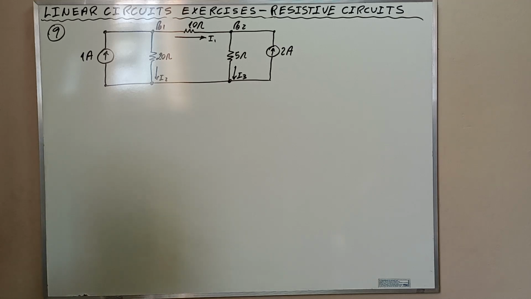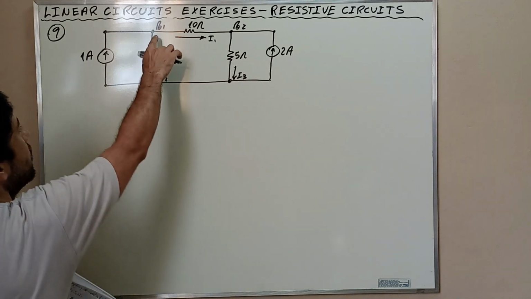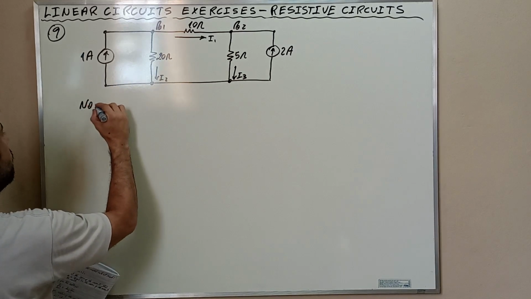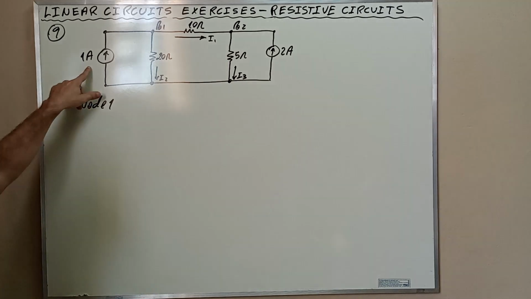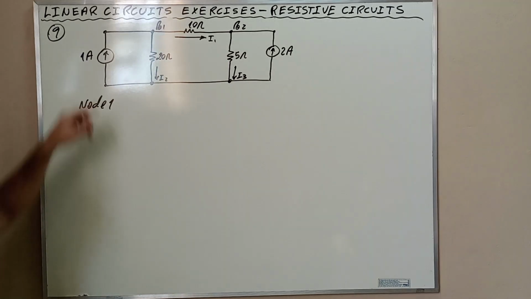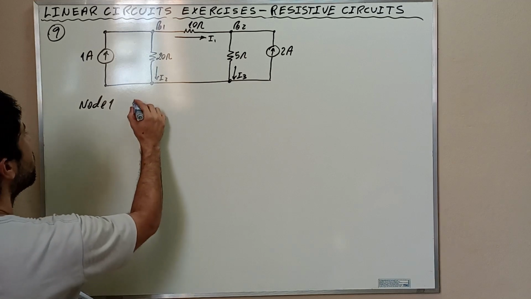And the nodal rule says that the sum of the currents that enter a node is equal to the sum of the currents that leave a node. Alright, my friends, let's work with node 1 first. What are the currents that enter the node? The current that is entering the node is only this, 1 amp.